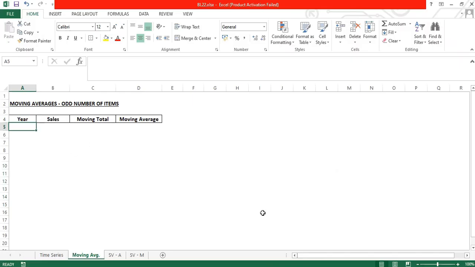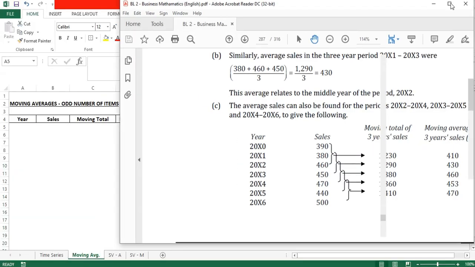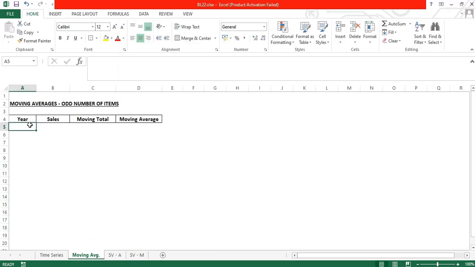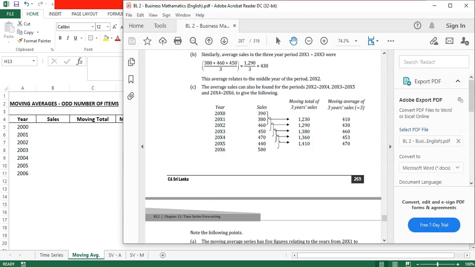So let's fill up the gaps. 2000 to 2006. 393, 860.